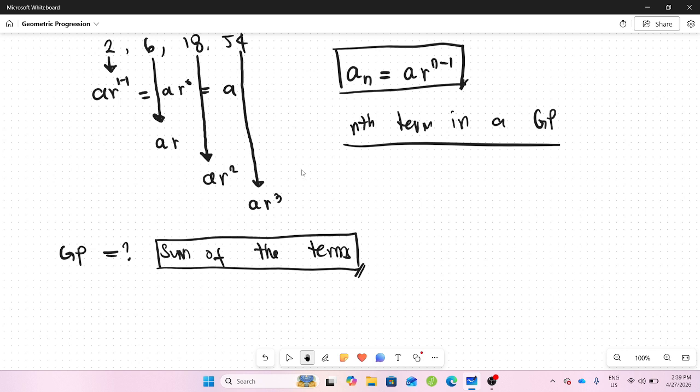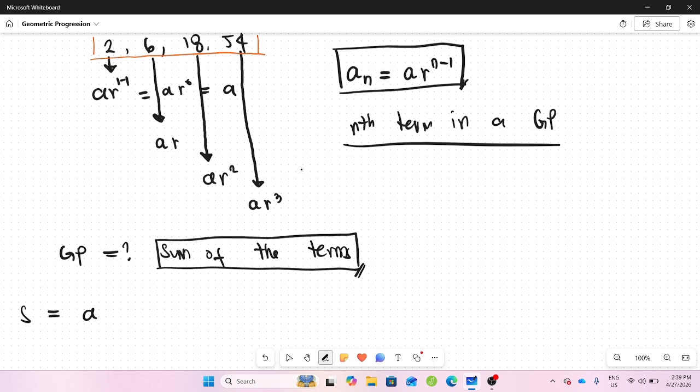So let's start here in our example earlier, this one. Let's find out what is the sum of all the terms there. So for the first term, that is simply equal to A. So let's make this the sum.